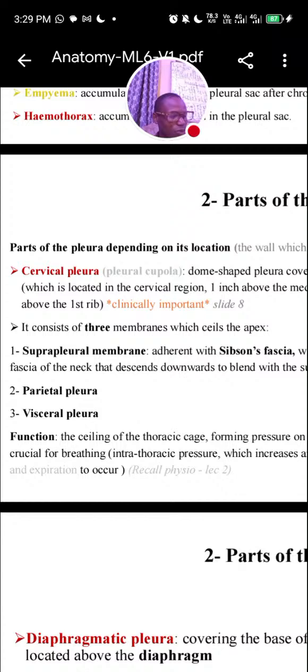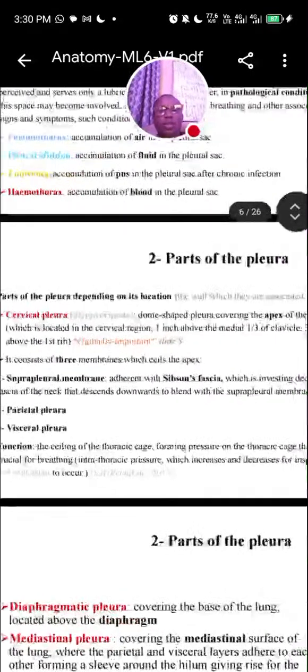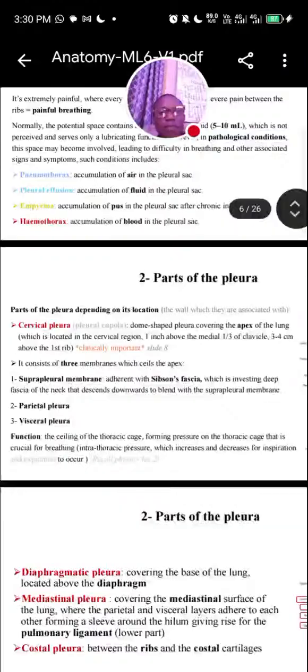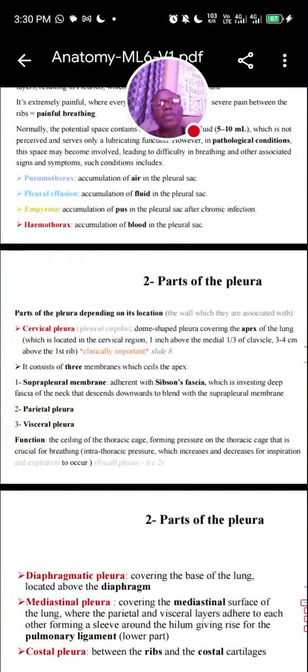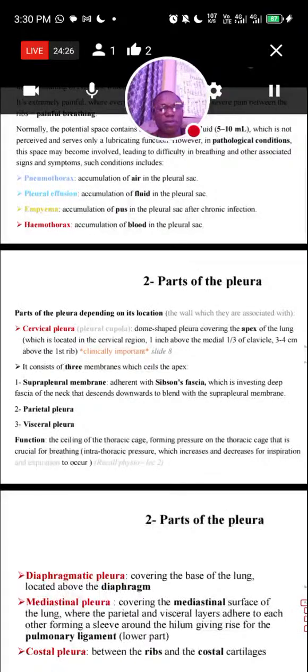This is the suprapleural membrane, and this is the parietal pleura, and then this is the visceral pleura. You see it now? The cervical pleura is dome shaped, covering the apex of the lungs, because the lung apex is close to the cervical structure.